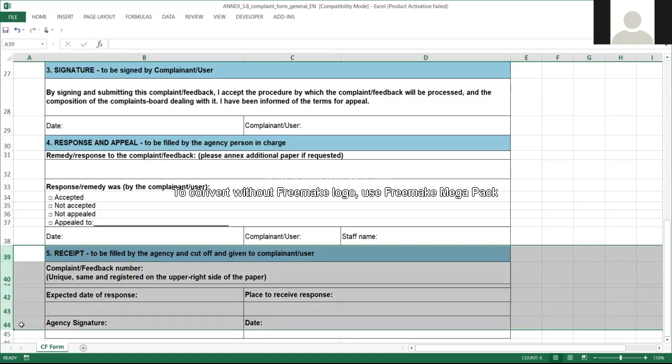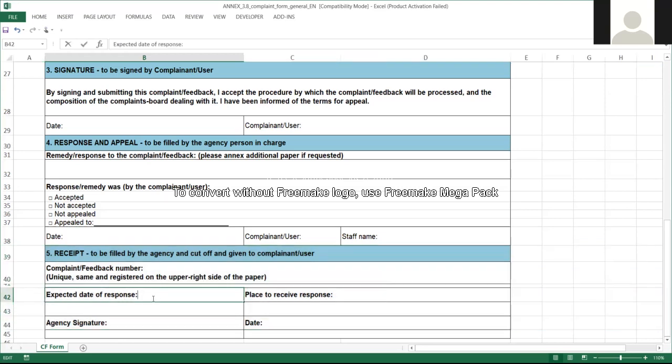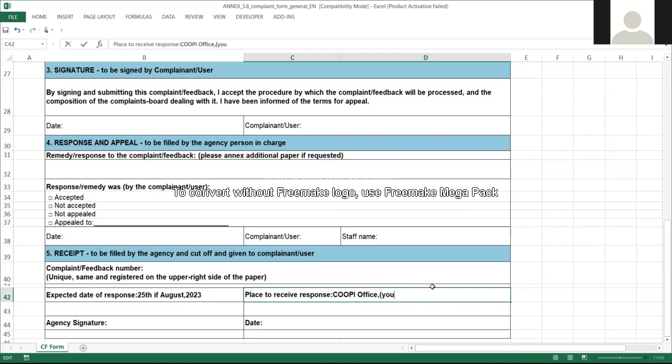That means the appointment date or the response date, and the place. For example, you can say COOPI office, or your village, maybe.